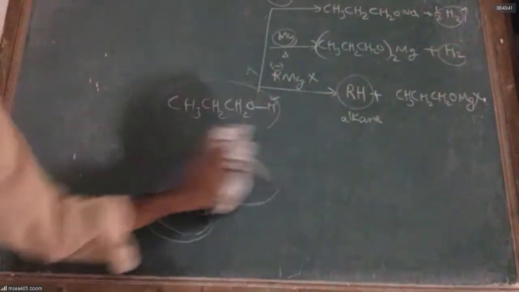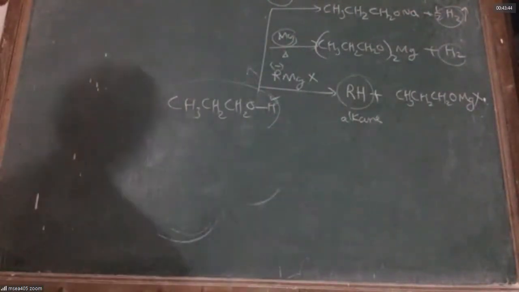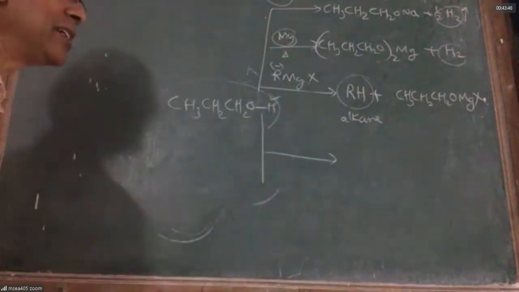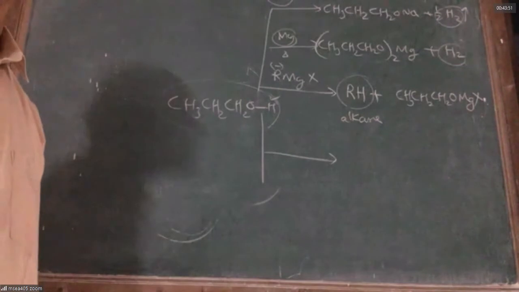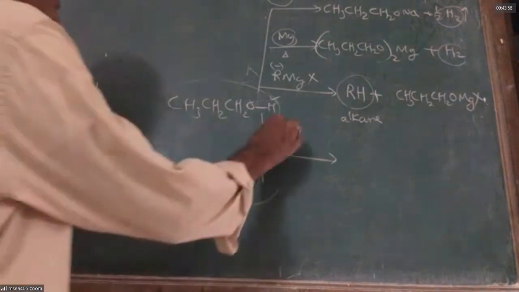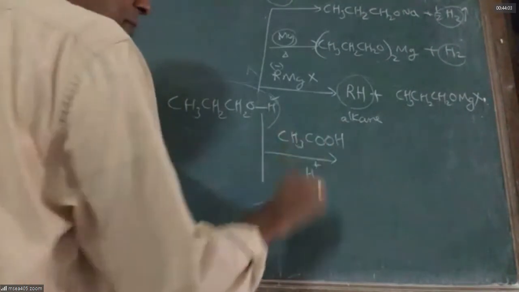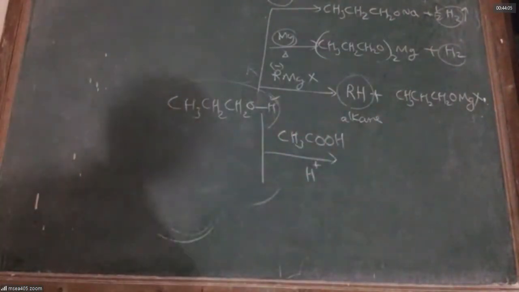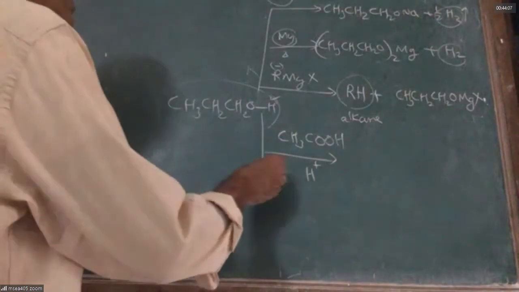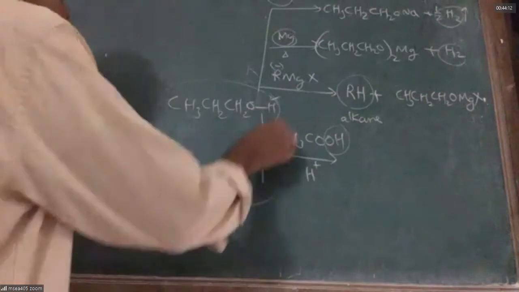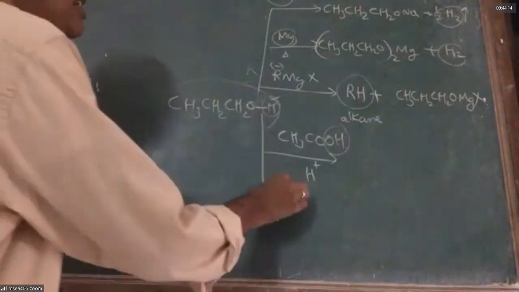Okay, sir. We are looking at basically reactions of propanol. When propanol is reacting with, name any acid, sir. Any carboxylic acid. Acetic acid. You take acetic acid. You take a little bit of sulfuric acid to act as catalyst. The acetic acid's OH and the alcohol's H plus will get out as water.